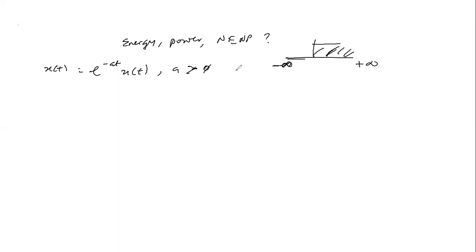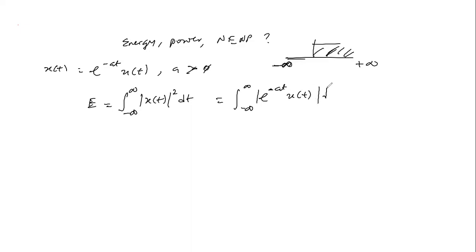So, for us to verify if this is either an energy, power, or neither energy nor power signal, let us estimate the total energy for the signal. So we have the integral from negative infinity to positive infinity of mod of S of t squared dt. And this gives us the integral from negative infinity to positive infinity of epsilon to the power minus 2a t, u of t, dt. Now recall that u of t ranges from 0 to infinity.